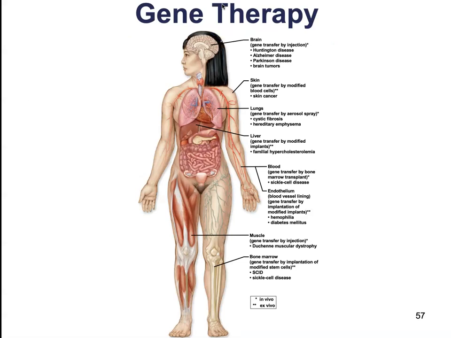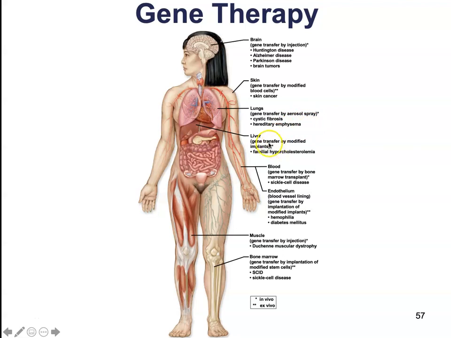So just spend a little bit of time with this diagram. It's going to go through gene transfer by injection. So gene therapy has been used to treat Huntington's disease, Alzheimer's, Parkinson's, brain tumors. In the skin, we see gene transfer by modified blood cells to treat skin cancer. In the lungs, we can use gene transfer by aerosol spray to treat cystic fibrosis or hereditary emphysema.